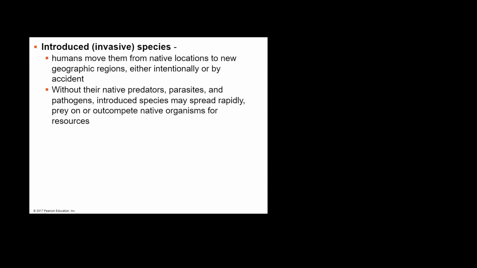And these species become invasive once they're introduced when they don't have any natural predators in that new environment, or parasites or pathogens. And that allows them to outcompete native organisms for resources and spread rapidly.